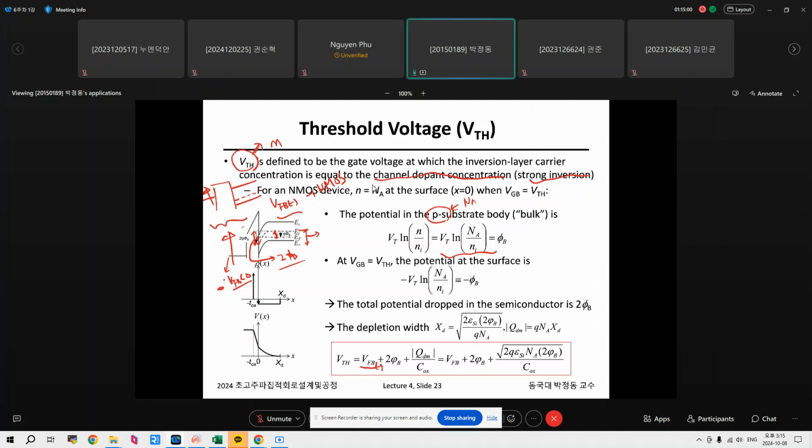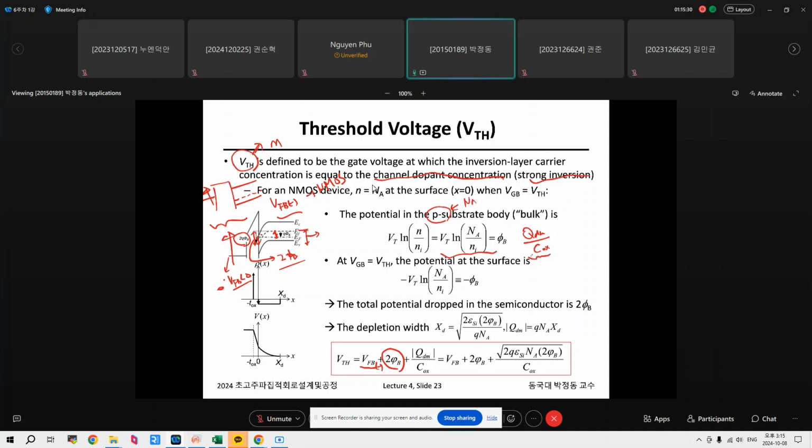And also there exists a potential at the surface, and there exists another potential caused by the depletion at the surface. So this is the depleted charge density divided by Cox, which is the effective potential.